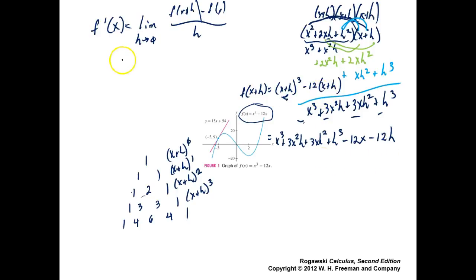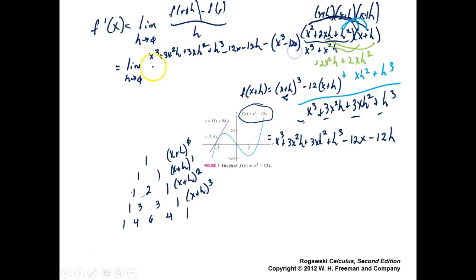So that's what we put up here, the limit as h approaches 0 of this thing, x cubed plus 3x squared h plus 3xh squared plus h cubed minus 12x minus 12h, that's your alpha of x plus h, minus alpha of x. Well, here's your alpha of x, x cubed minus 12x, right? Divided by h.